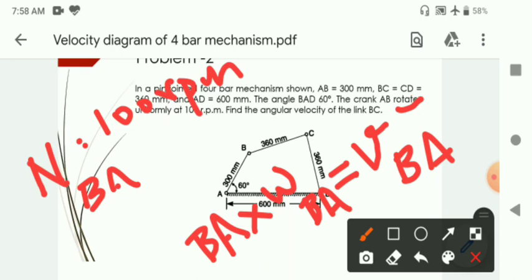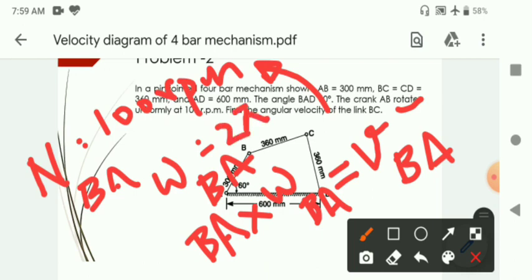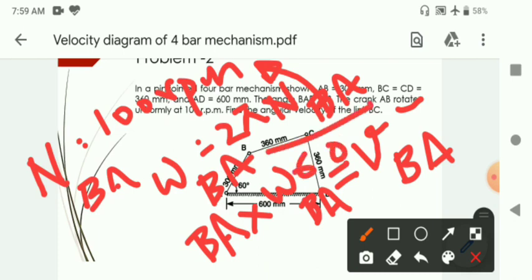To find the angular velocity, we will use the angular speed. How will you convert angular speed to angular velocity? We can find the angular velocity omega_BA equal to 2 pi into N_BA by 60. Okay, 2 pi N by 60.